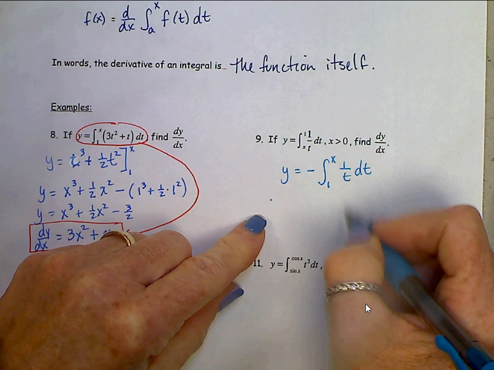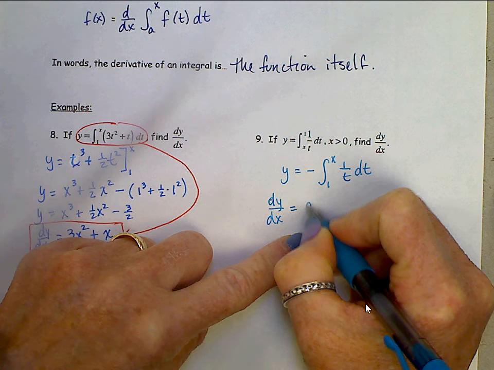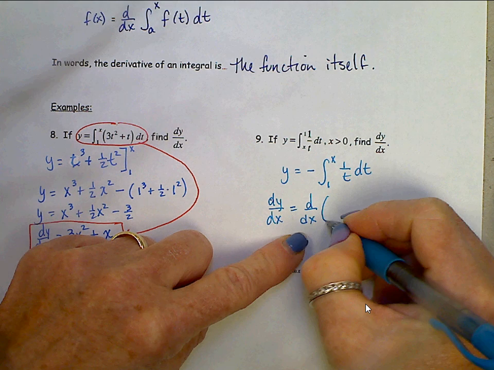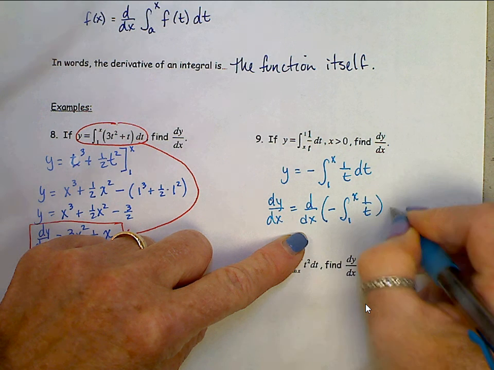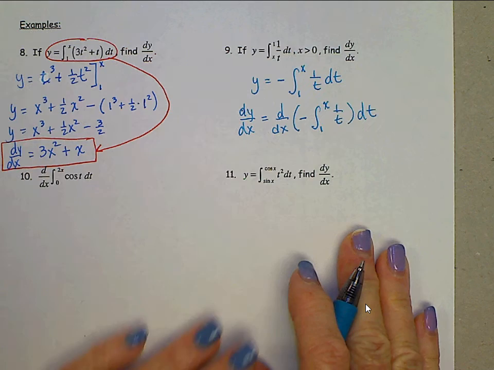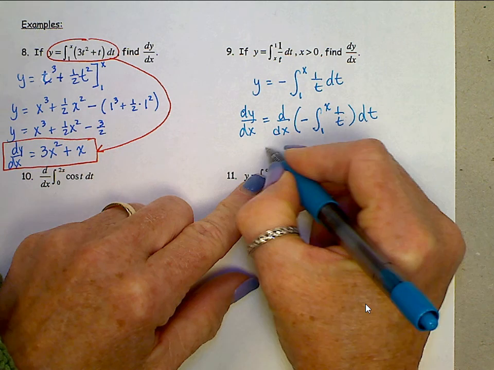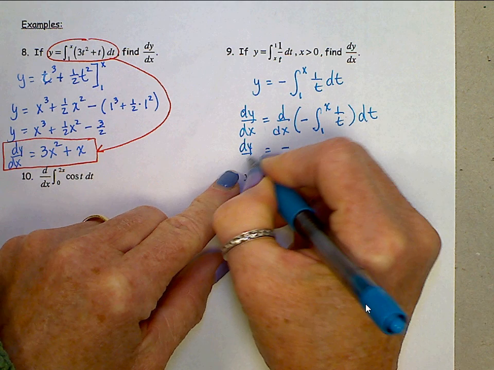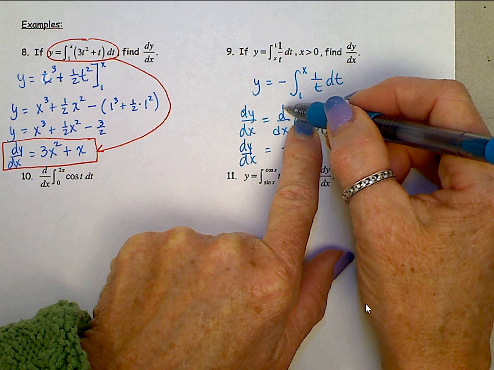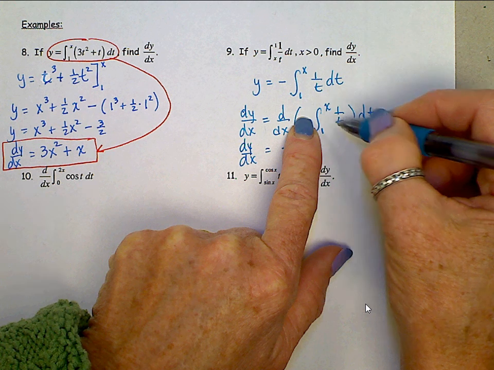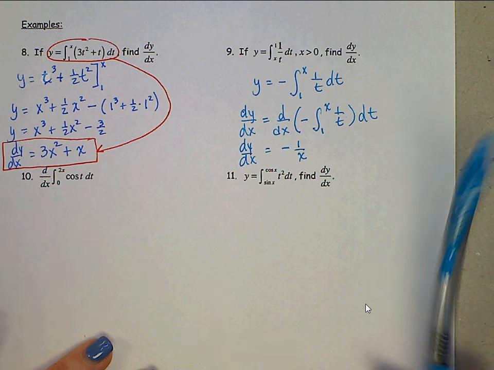Don't just slap down negative 1 over x. Watch your notation. dy dx is d dx of negative the integral from 1 to x of 1 over t dt. The derivative of a negative function, that negative just comes down. Now you're doing the derivative of an integral. You can take that x and replace out this t. So we have negative 1 over x. That's it.